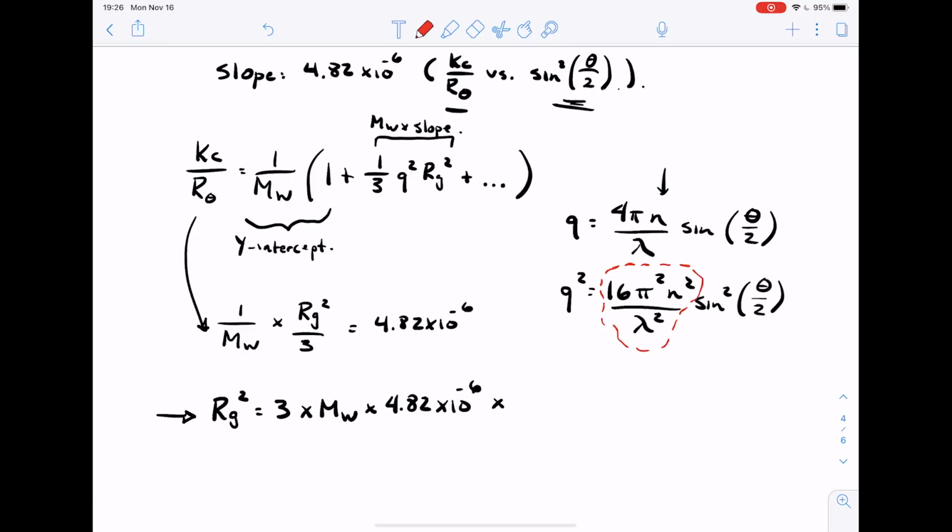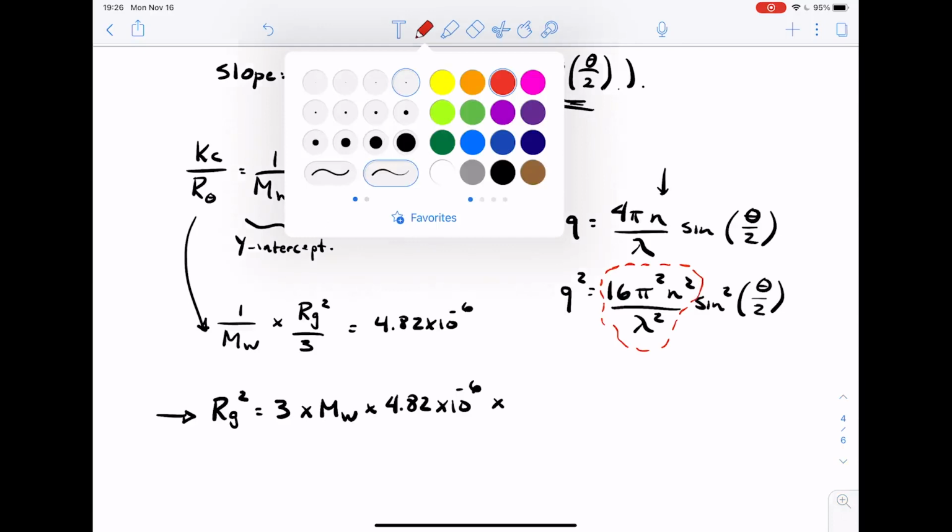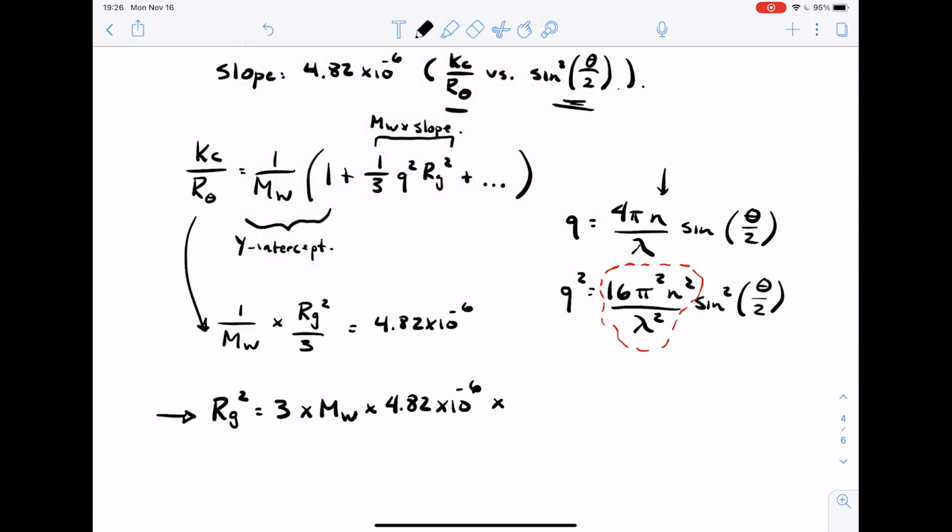Just because we're solving for that. So in the parentheses, we're going to get wavelengths. Well, let's just write the non-squared version. So the wavelength in the numerator, that's 488 nanometers. In the denominator, we'll get 4 pi times the refractive index, which is 1.3, and then that whole thing will be squared.